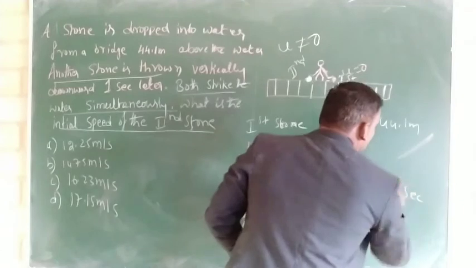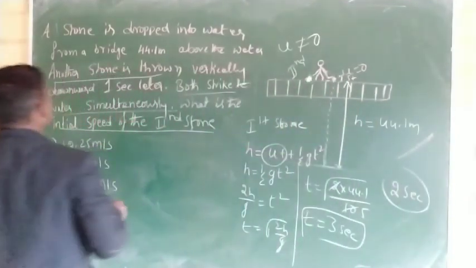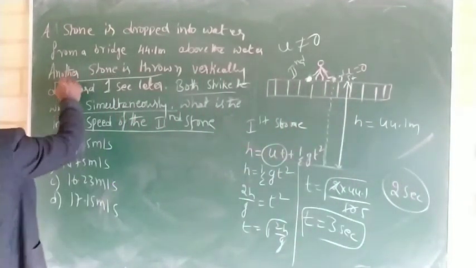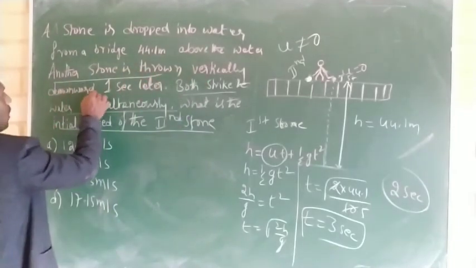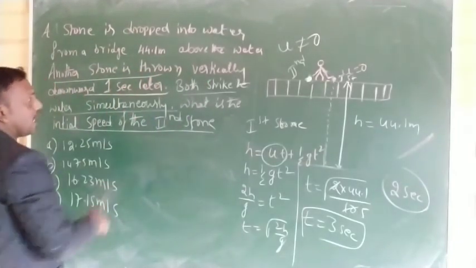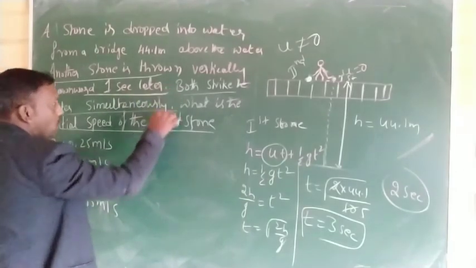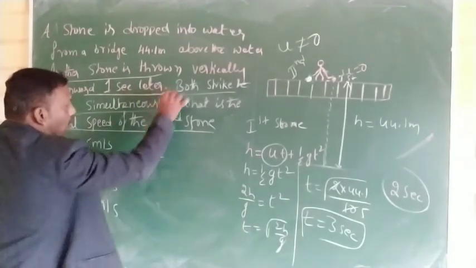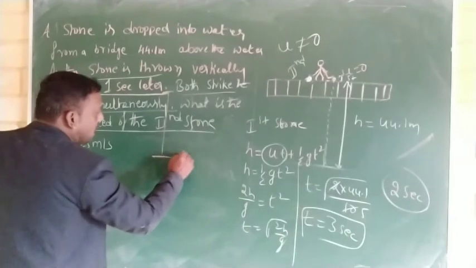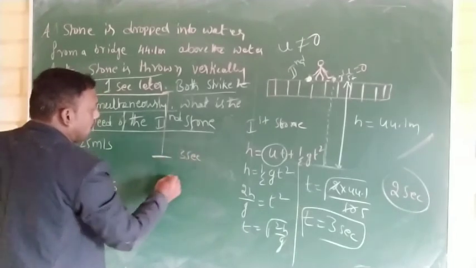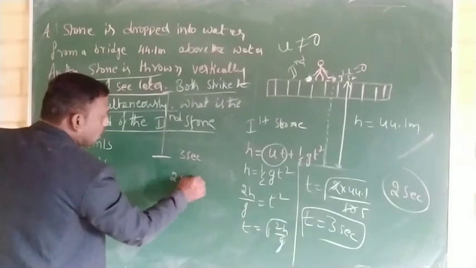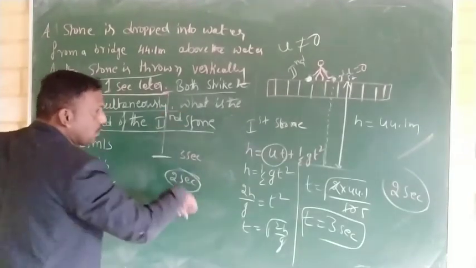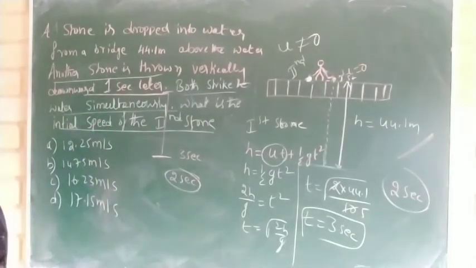Here the condition is that another stone is thrown vertically downwards 1 second later. After 1 second means 2 seconds, the second stone reaches the ground.